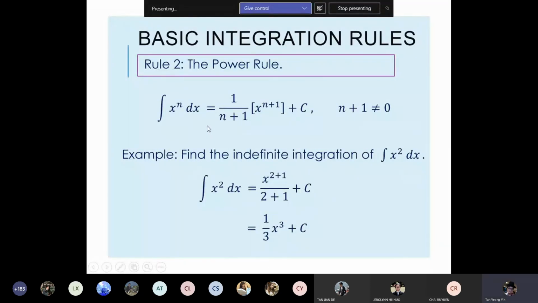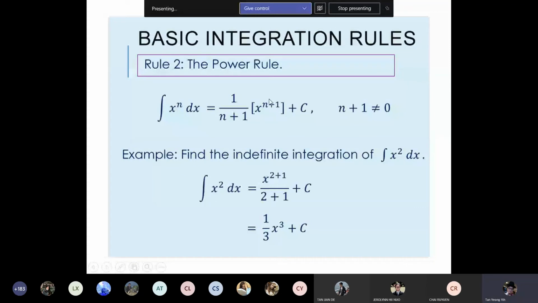Again, this is the reverse of differentiation. Now if we integrate x to the power of n, first we add 1 to the power, the n plus 1.